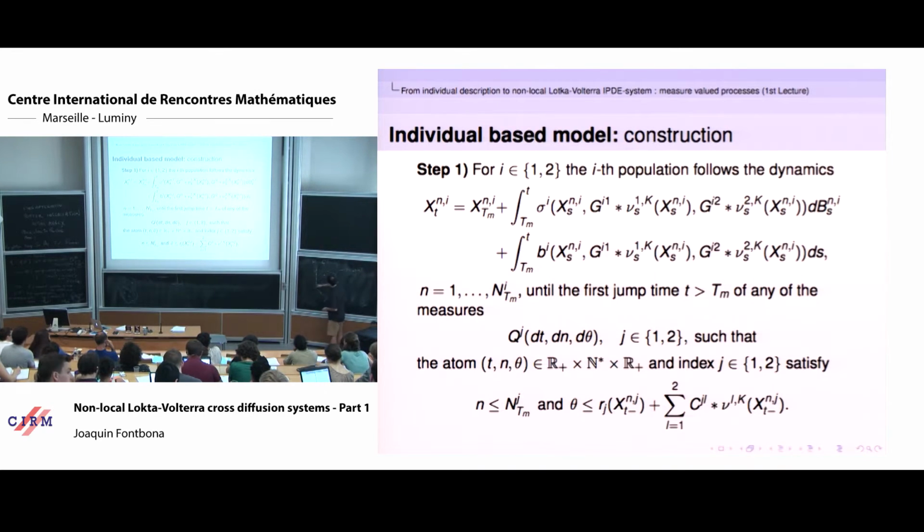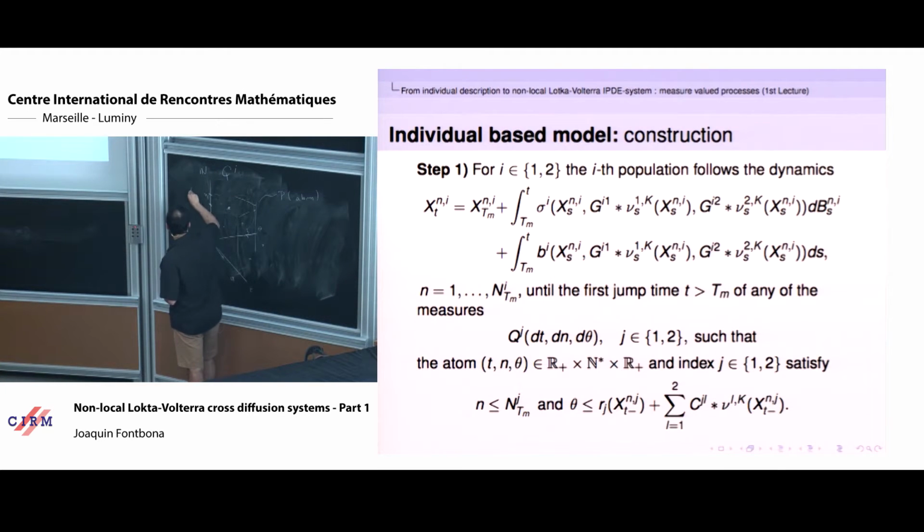Okay, so at any time, I will always have a finite number of individuals, and indeed, I have this number, which is the initial population size at time Tm. So if something happens above this level, so let's say if this is N_Tm, I don't care, I don't see it. My population doesn't see it. Okay?